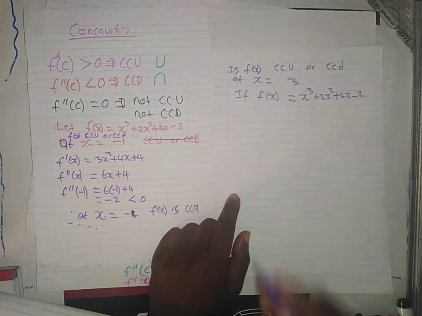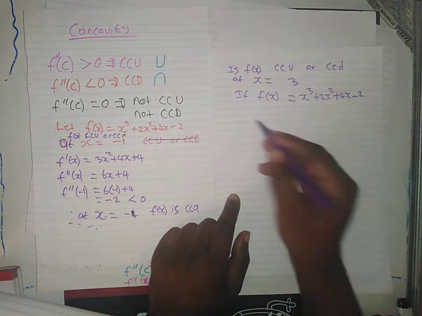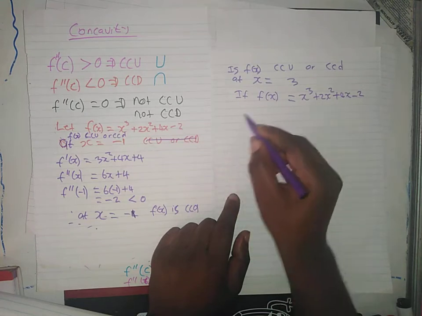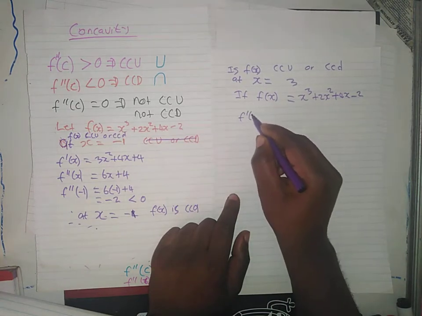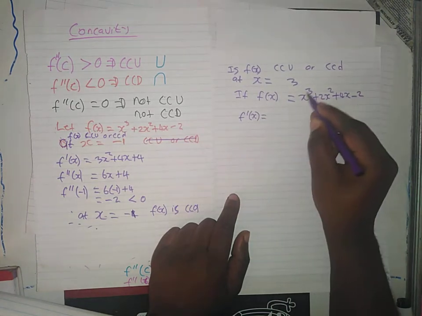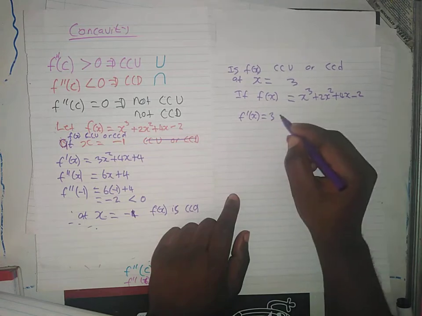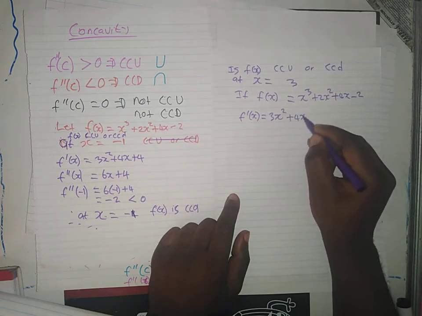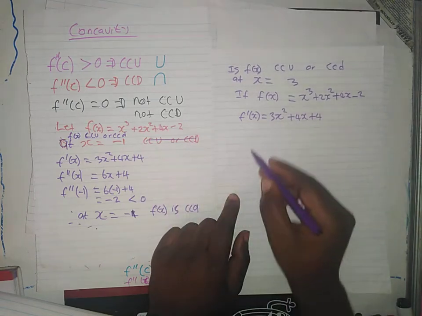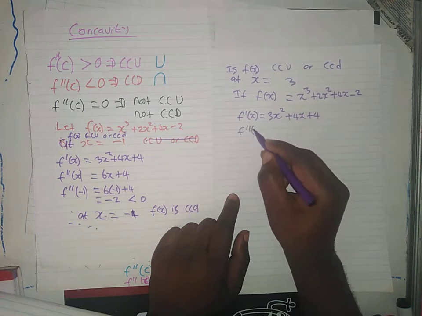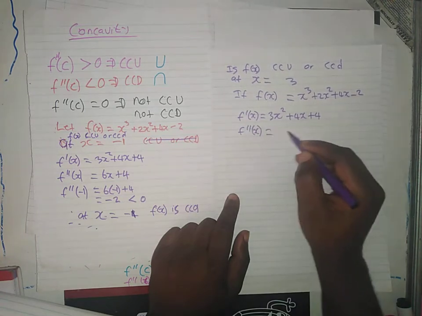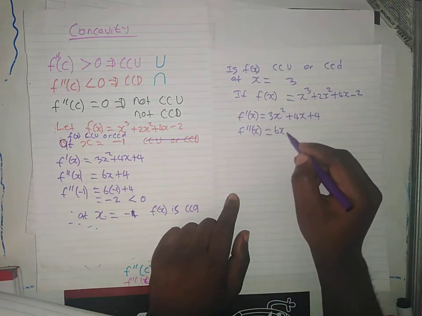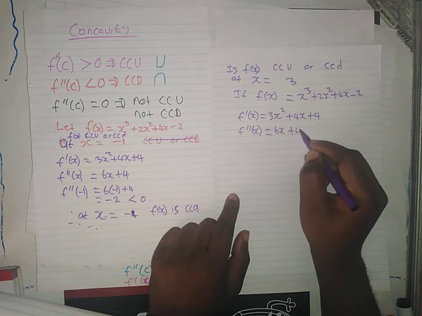You get the derivative of this, f prime at x is 3x squared plus 4x plus 4, and then f prime prime at x is the derivative of the above, which is 6x plus 4.